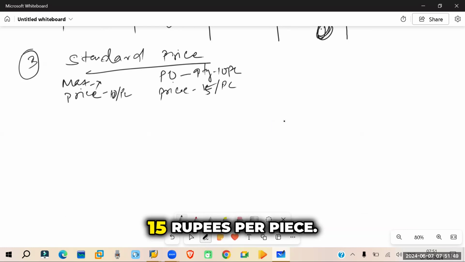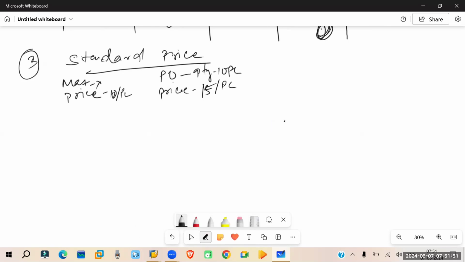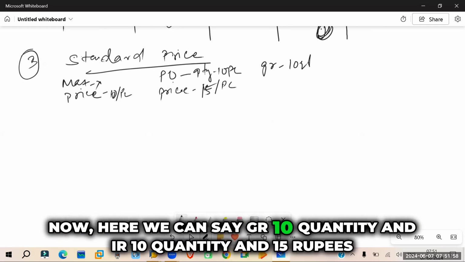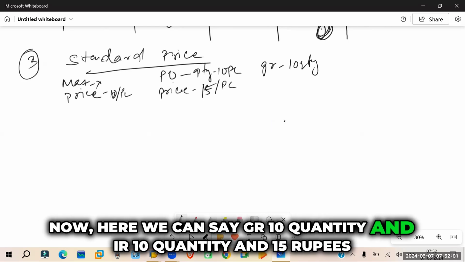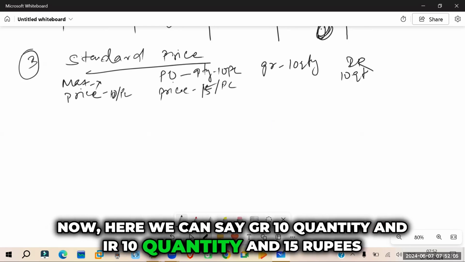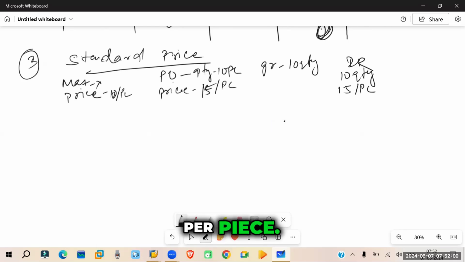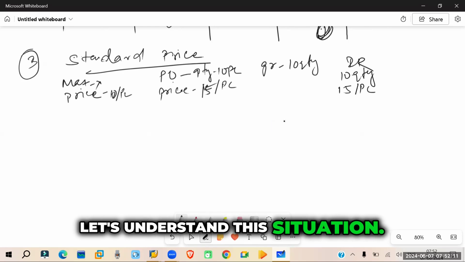Okay, 15 rupees per piece. Now here we can say GR 10 quantity and IR 10 quantity and 15 rupees per piece. Okay, let's understand this situation.